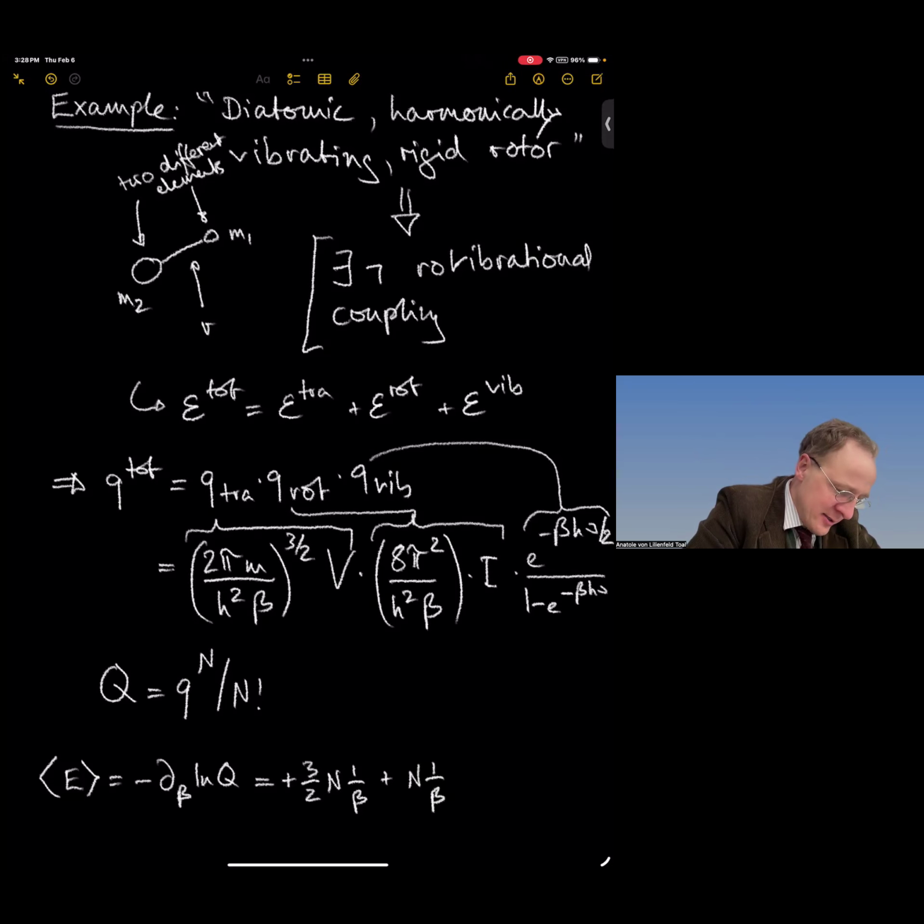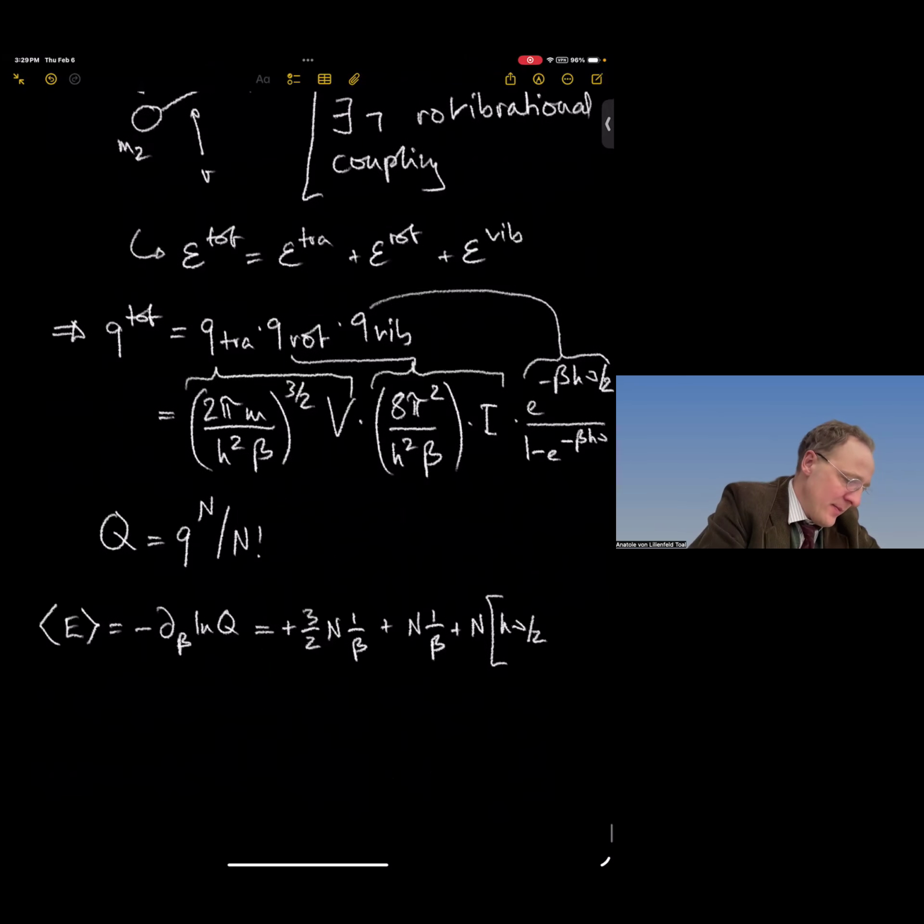And then there's another part where I had to differentiate once the numerator, and then there's also still my derivative of the logarithm of 1 minus e to the minus beta h nu.